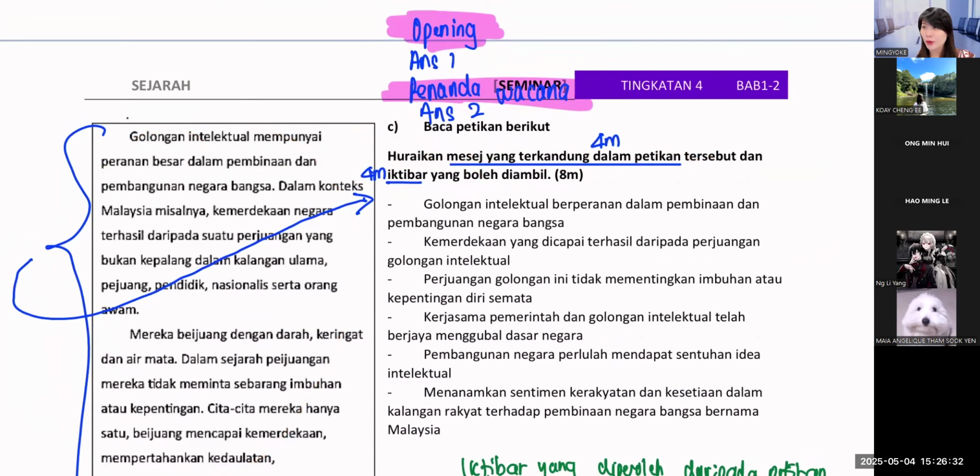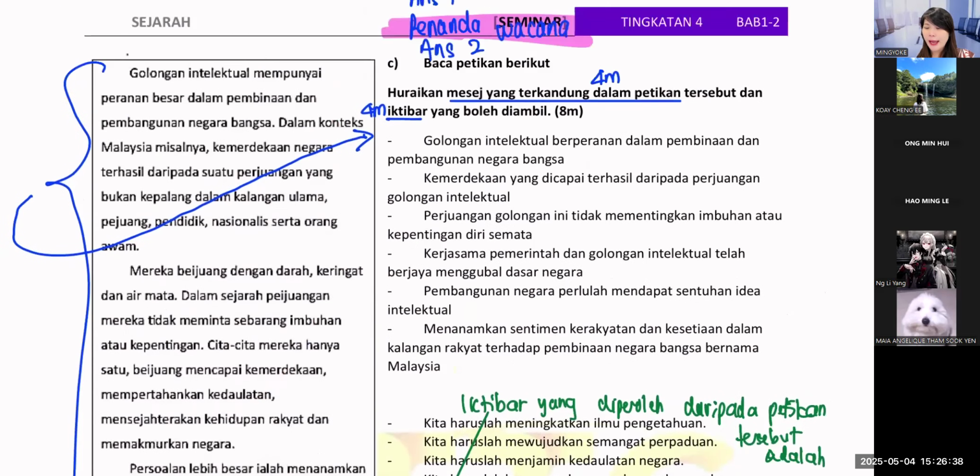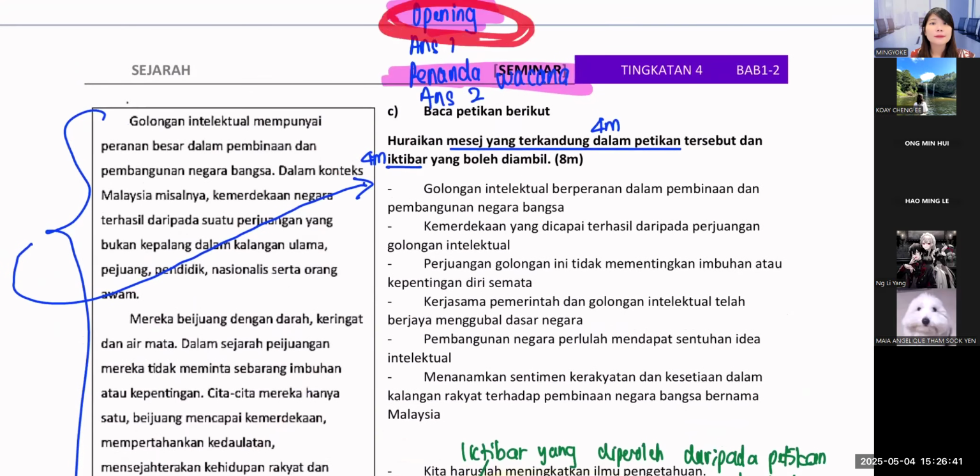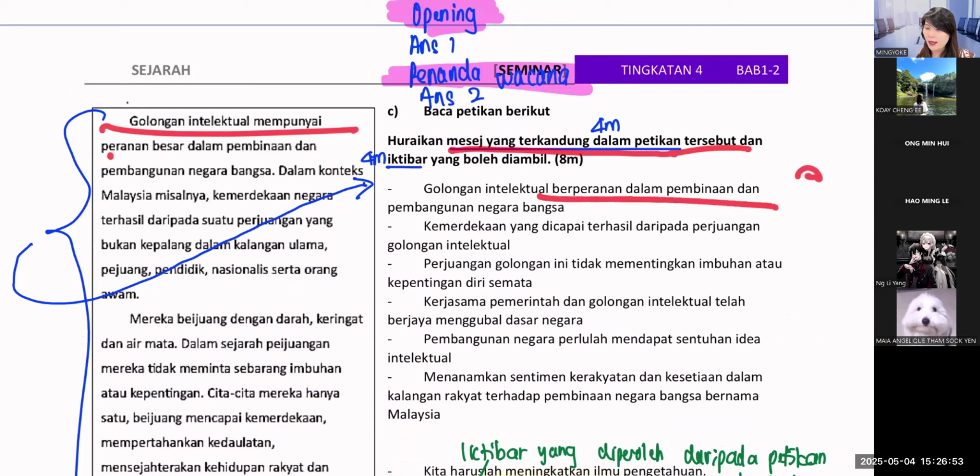Guys, you know, right? First of all, how do you write your answer is, again, opening. Mesej yang terkandung dalam petikan tersebut iaitu golongan intelektual mempunyai peranan dalam pembinaan dan pembangunan negara, bangsa.